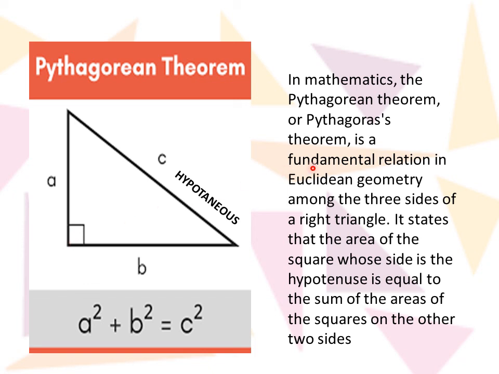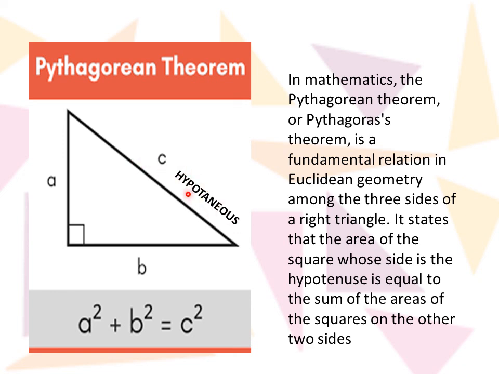According to the Pythagorean theorem, the fundamental relation is about the square of the largest side. Since it is 90 degrees, from the previous slide we have seen the greatest angle, and the side opposite to this angle will be greater than the other two sides. So this side is called the hypotenuse.